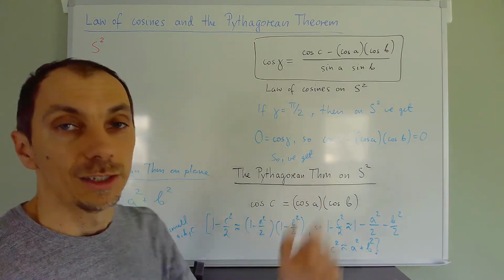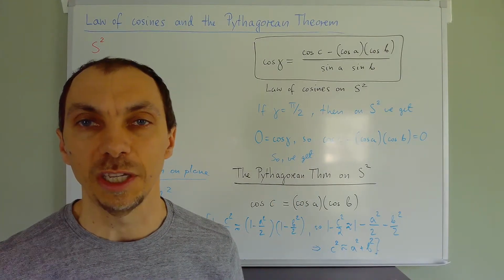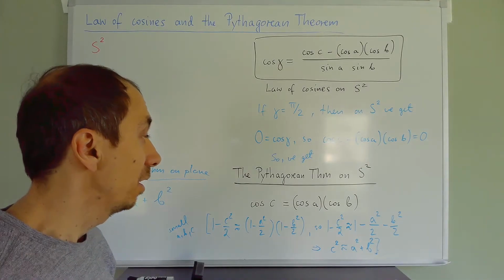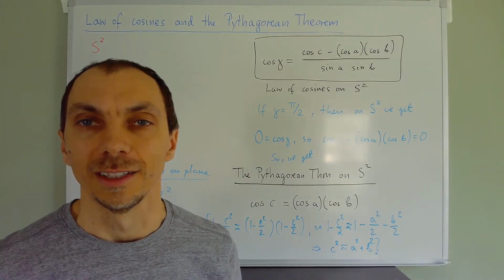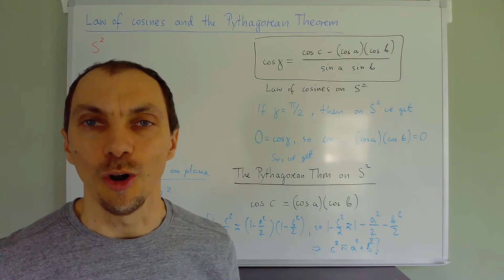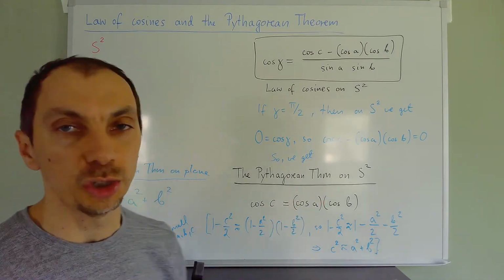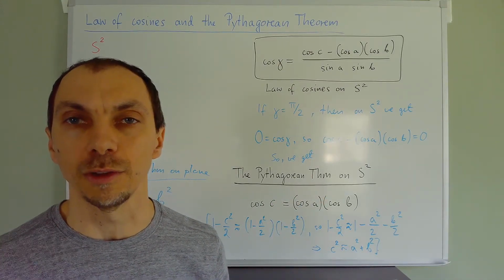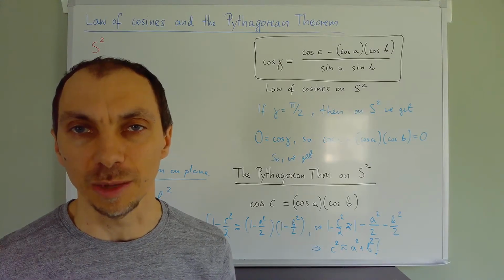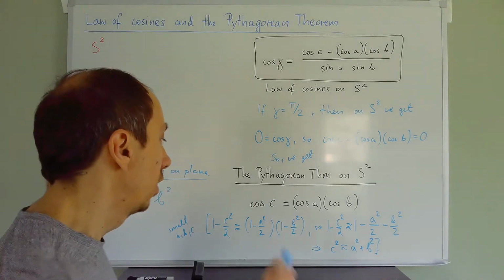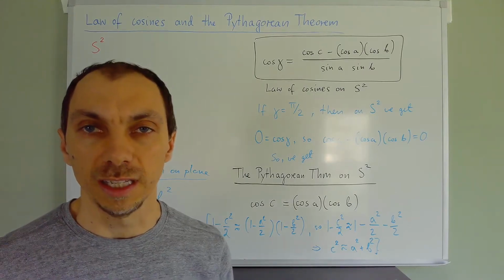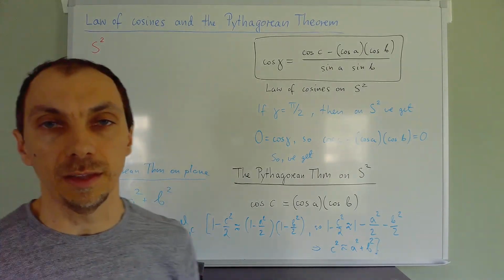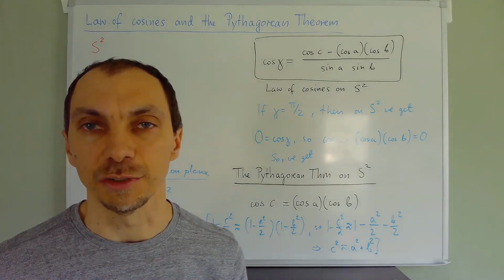This is definitely something to keep in mind. I think it's an interesting theorem that holds on a sphere and has a very elegant shape, just like the original Pythagorean theorem. It's just a very different shape. And for big a, b, c, of course, this does not recover that theorem, but for small ones, it does, so everything is consistent.